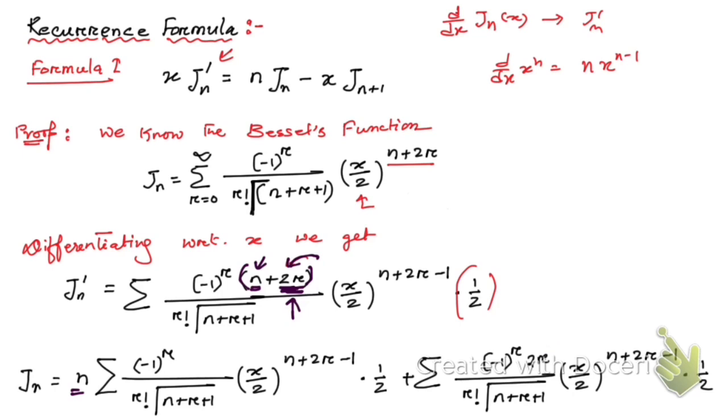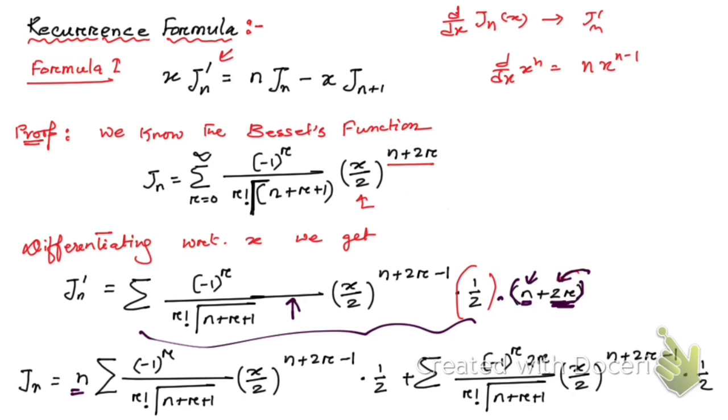This term you can write as this into this whole term. Then if you open this bracket, what are you going to get? This whole thing is multiplied by n, then the whole thing is multiplied by 2r, and doing so we have got this.